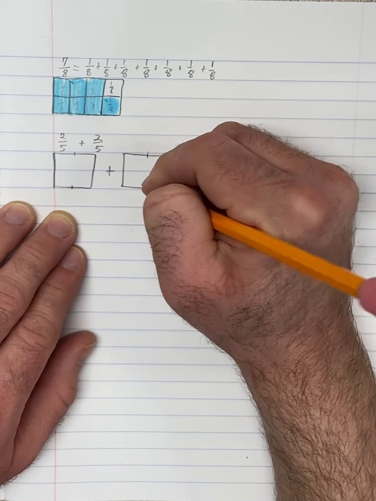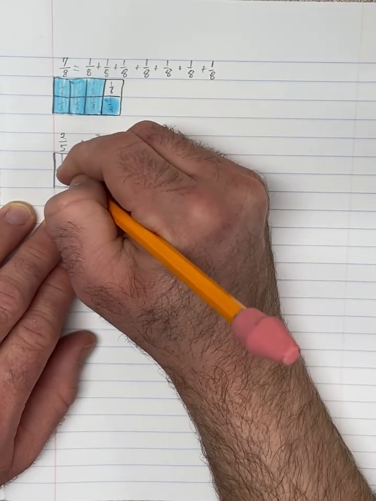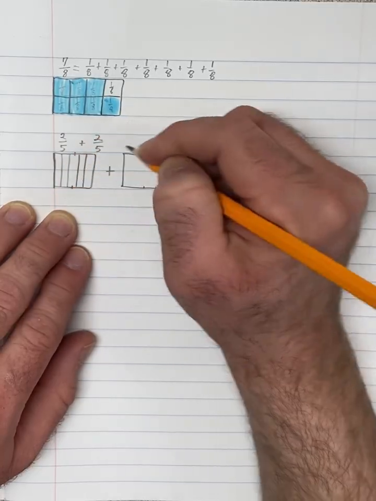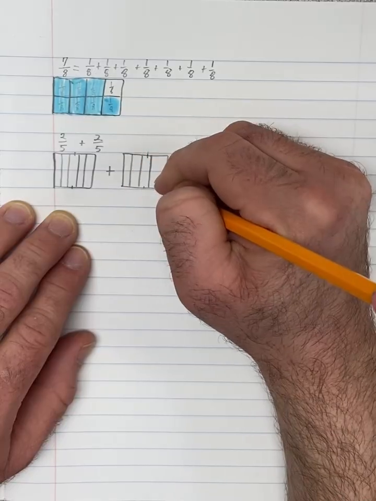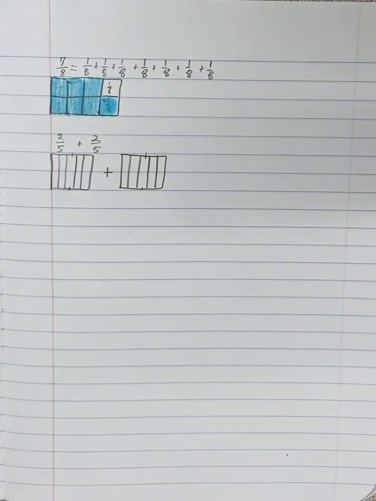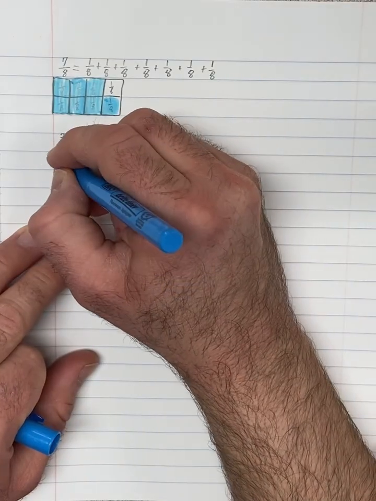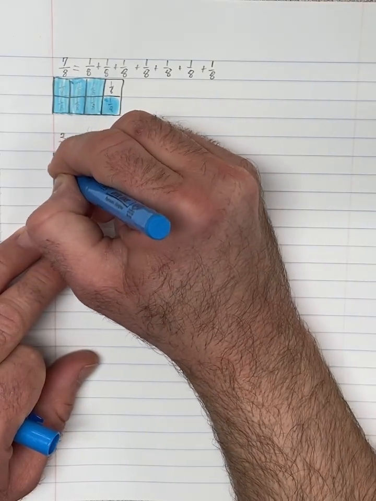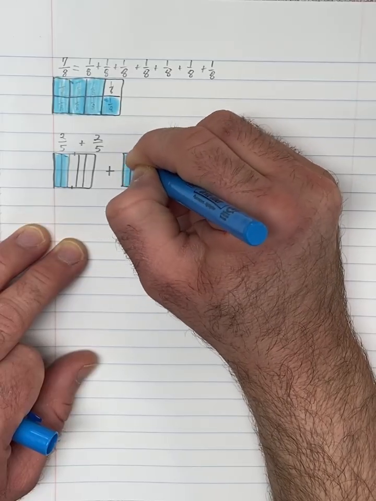I'm going to set up my middle point, and I'm going to part each piece into fifths. Now I'm going to shade in 2/5 of the first model and 2/5 of the second model.